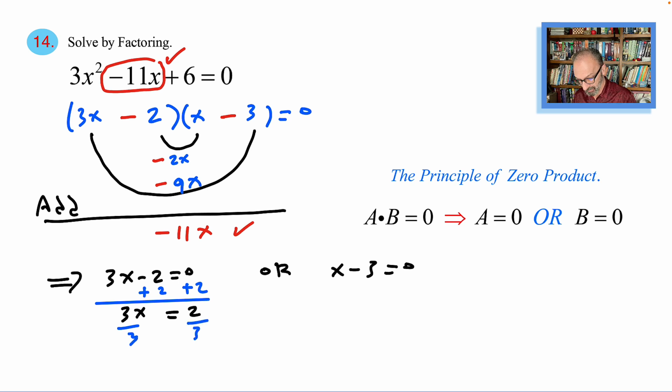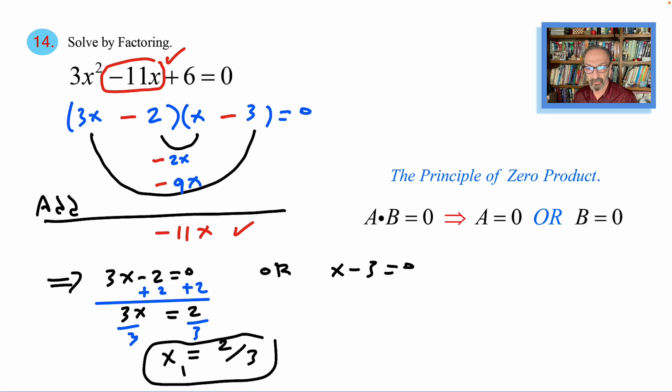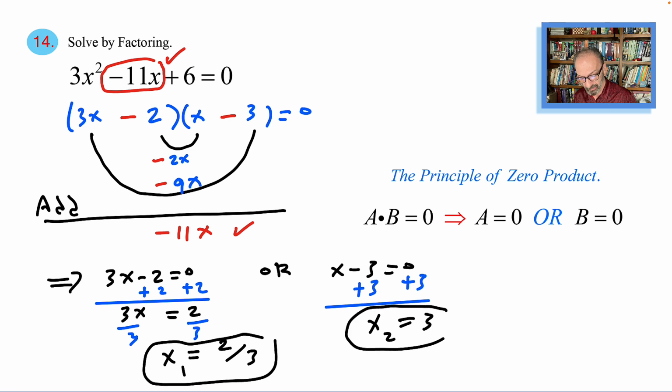That will give me x equals 2 over 3. Let's call it x1. That is my first answer. Second one. Let's add 3 to both sides, and that will give me x equals 3. Let's call it x2. Those are the two answers, 2/3 and 3.